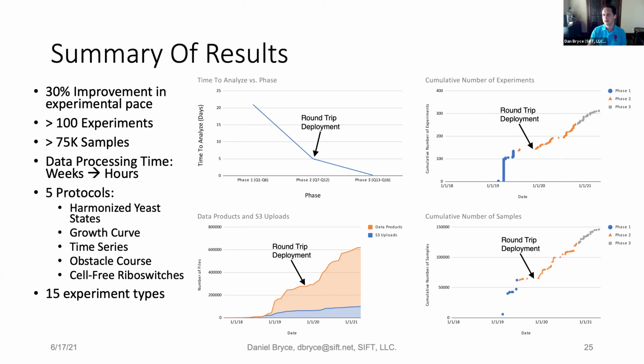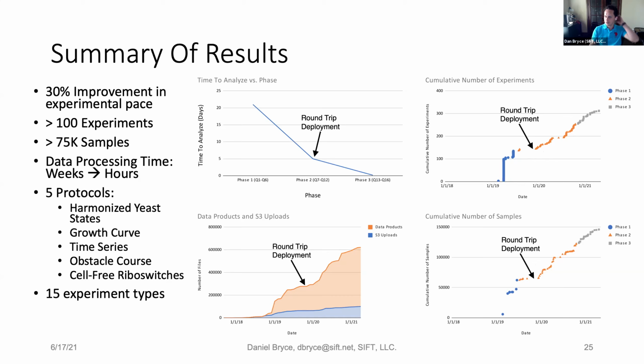The actual pace of running experiments was an improvement of about 30%. Similarly, we saw an increase in the pace of generation of samples. After we deployed the round trip software, we've run about 100 experiments and generated about 75,000 samples as a result.